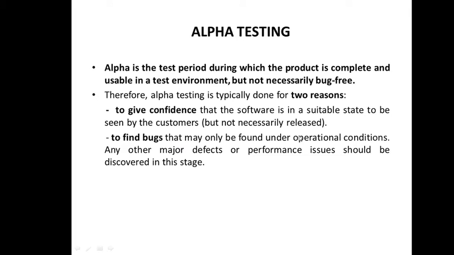So it might be possible that in the operational conditions, it might give certain errors or bugs that need to be identified. Any other major defects or performance issues should be discovered in this stage. So finally, two reasons: first of all, to give the confidence that the software is in a suitable state to be seen by the customer, and to find the bugs that may be found only under operational conditions.